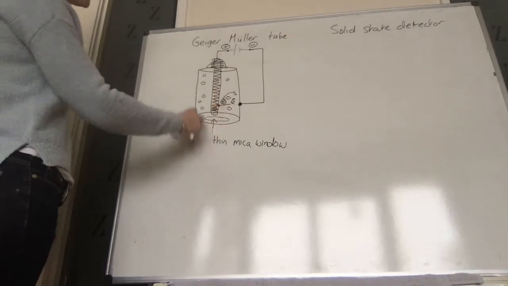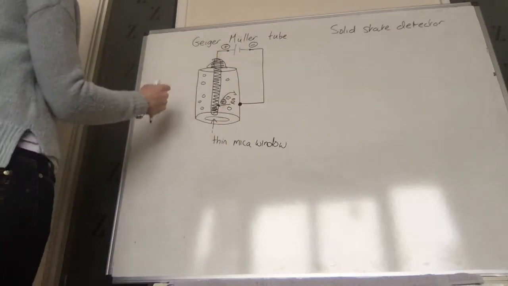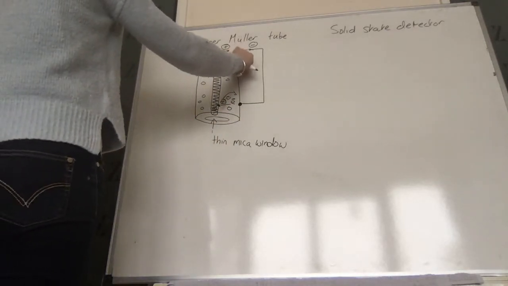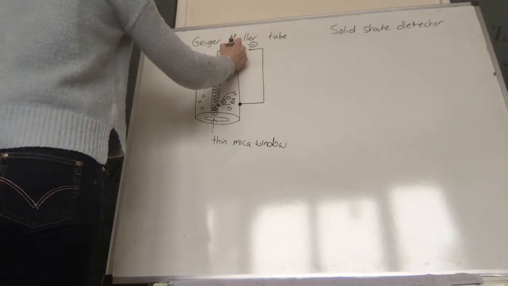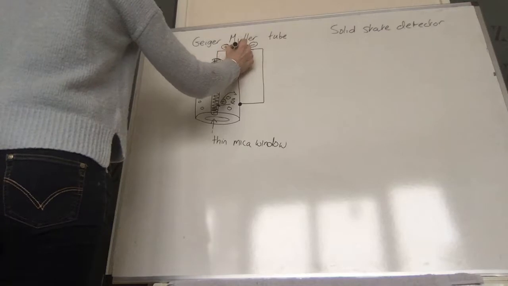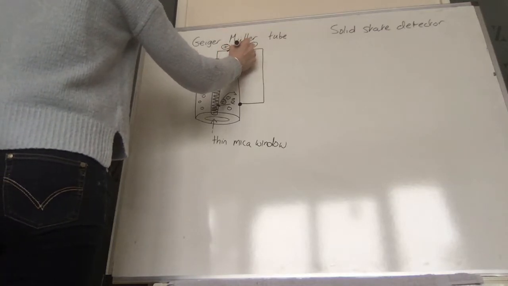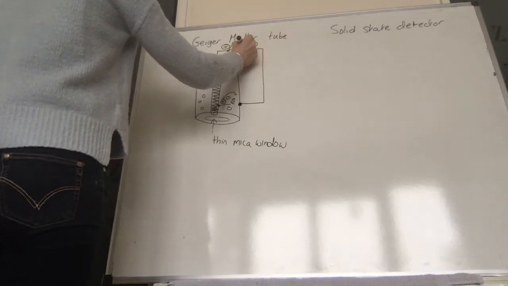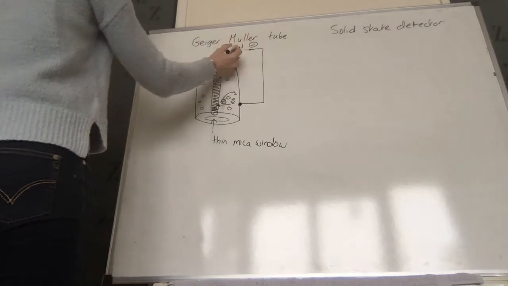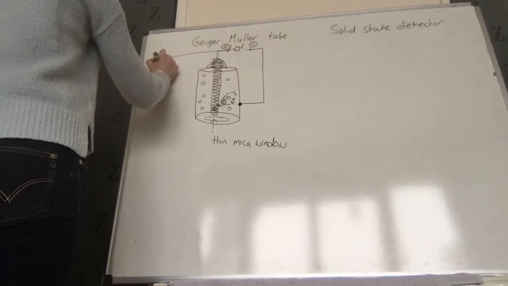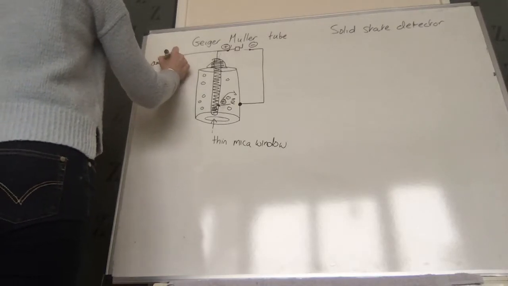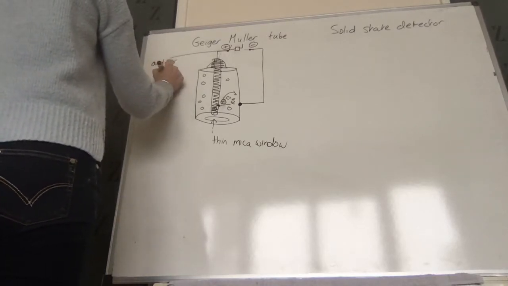So you can count the number of pulses if you include in here, I'm not going to draw the battery now, a circuit. Now you don't need to know very much, but it's probably better done in the diagram. In the circuit you include an amplifier and a counter.